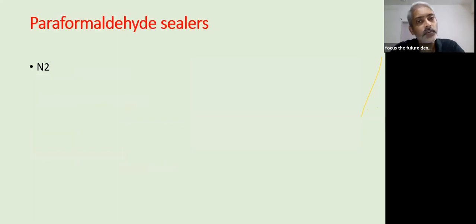Now, let's come to paraformaldehyde containing sealers or medicated sealers, which are no longer used in dentistry. N2 is also known as Sargenti paste. These were used once upon a time in dentistry when we didn't have rotary instruments or other sophisticated instruments as we use today.